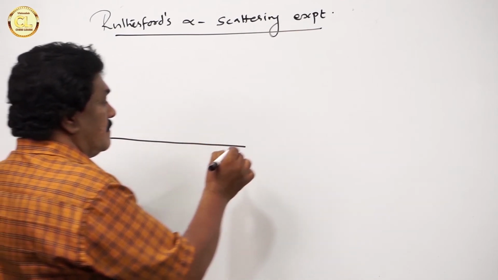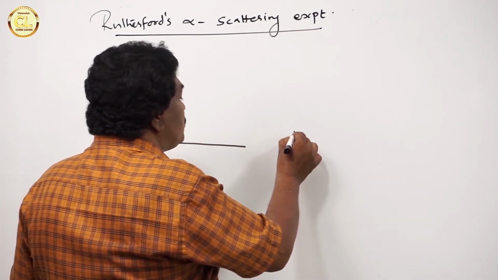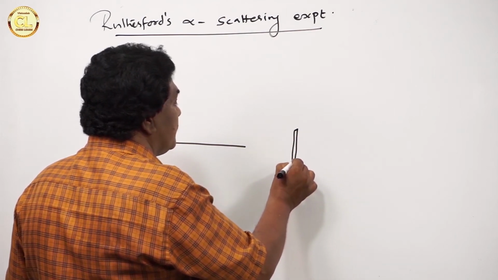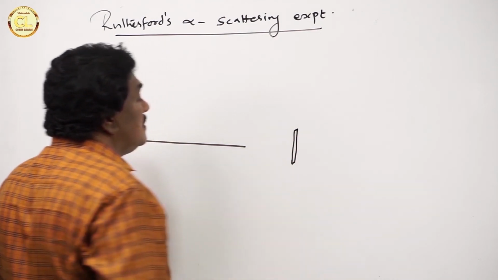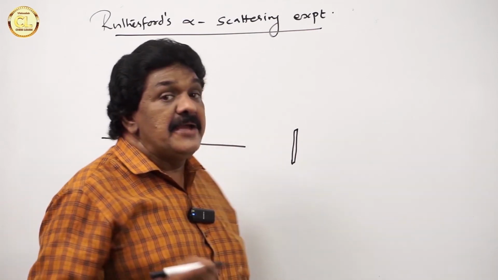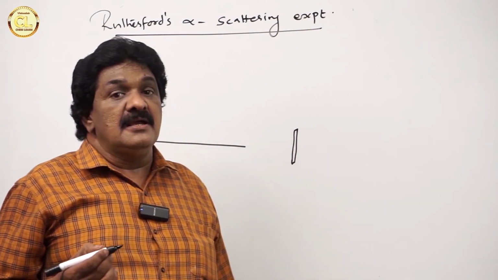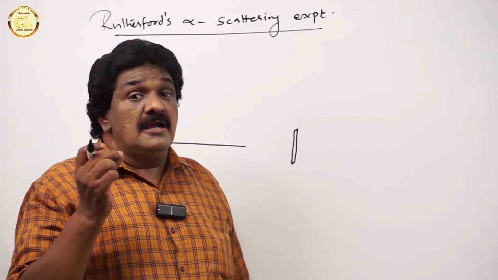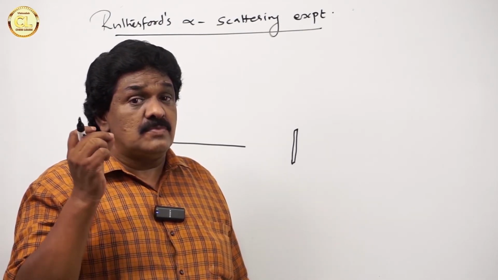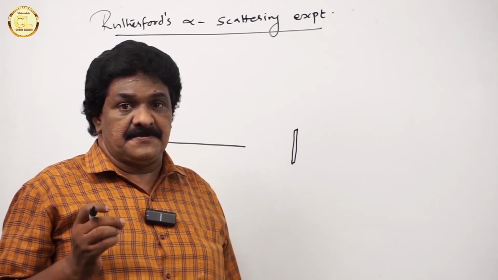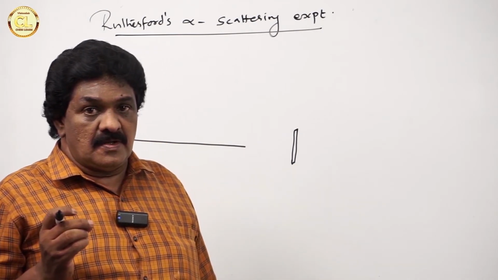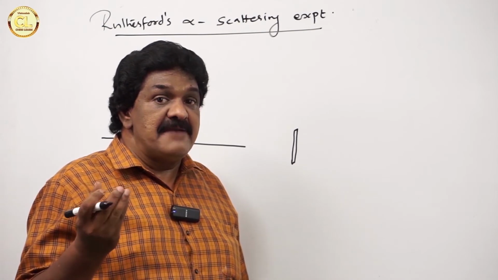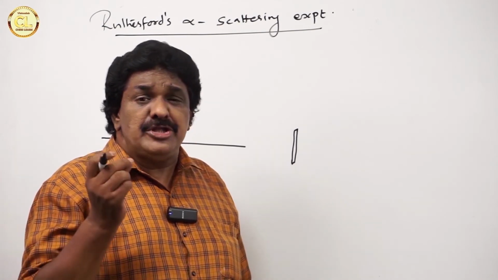It is then allowed to fall on a thin gold foil. See, gold is highly malleable, so it can be made into a thin sheet, even about 100 atom to 1000 atom thickness. That is, gold foil is highly malleable and it can be converted into a very thin foil.